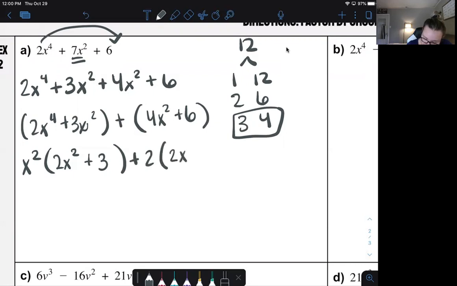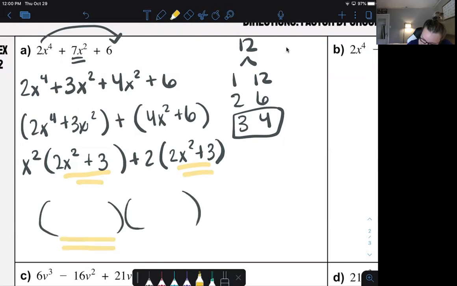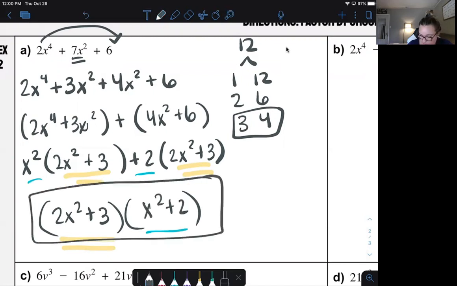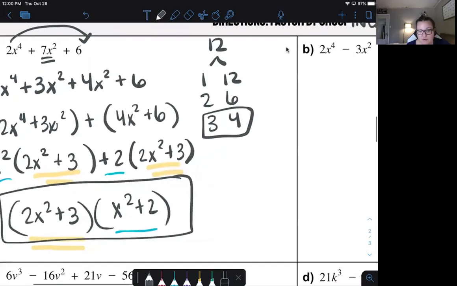We'd be left with 2x squared plus 3. Well, hey, my parentheses match. So I'm going to put what's in the parentheses in one factor, 2x squared plus 3, and then I'm going to put what's left in the other factor, which is x squared plus 2. And of course, you can multiply that out and check your answer and make sure you're right.